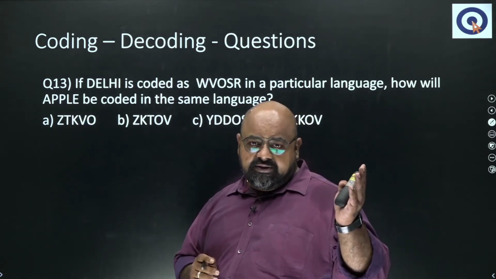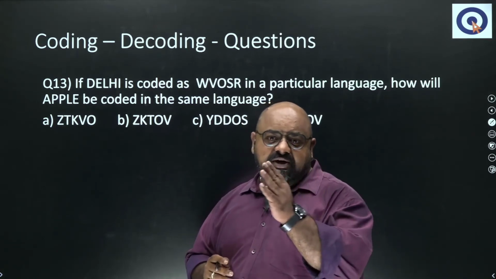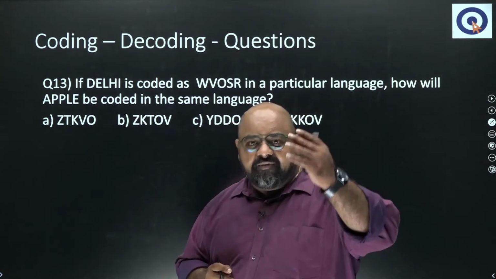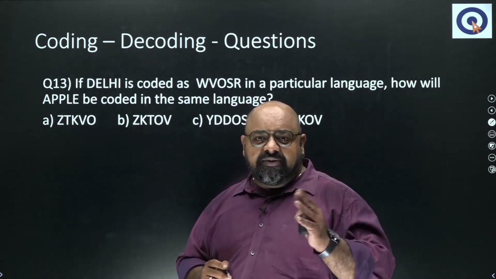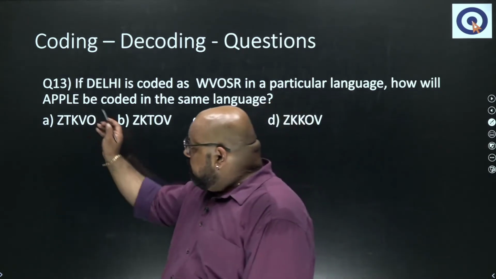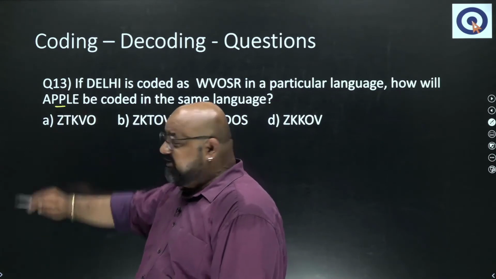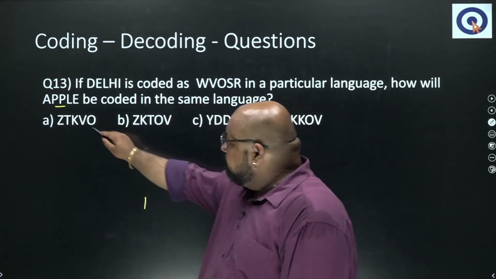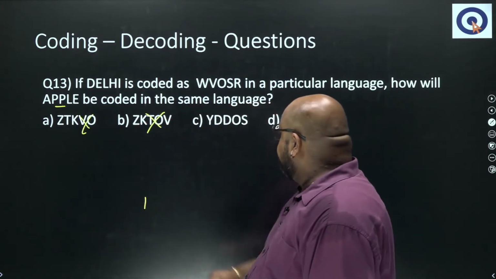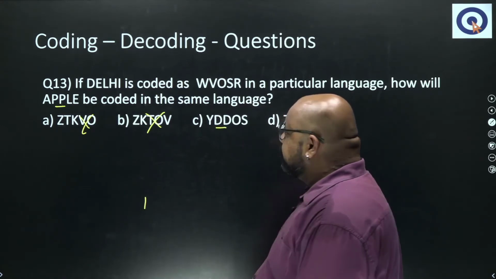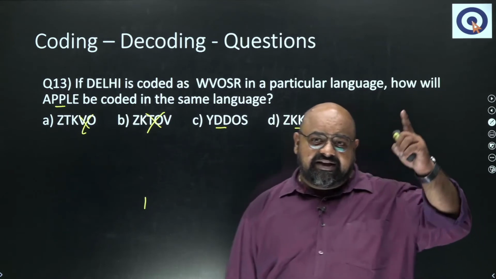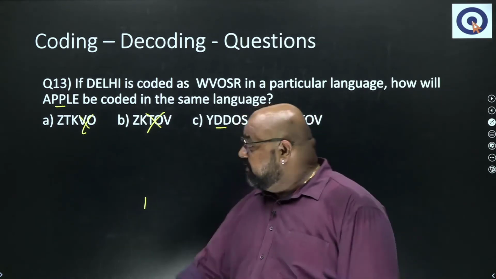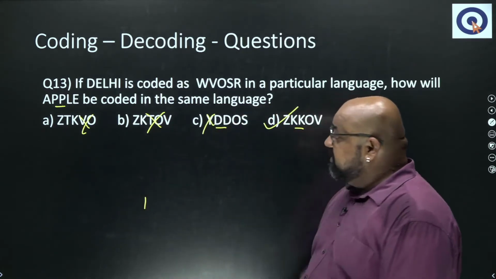The pattern is not different for each alphabet. For each alphabet, you have to look at its reverse value. So for both the P's, the reverse value will be same. So in my code, the second and third alphabet have to be same. It is not so here, it is not so here. So I'm left with these two. Next, what will be the reverse value for A? A is the first alphabet, the last alphabet will be the reverse value, which is Z. This is not a Z, so D becomes the answer.